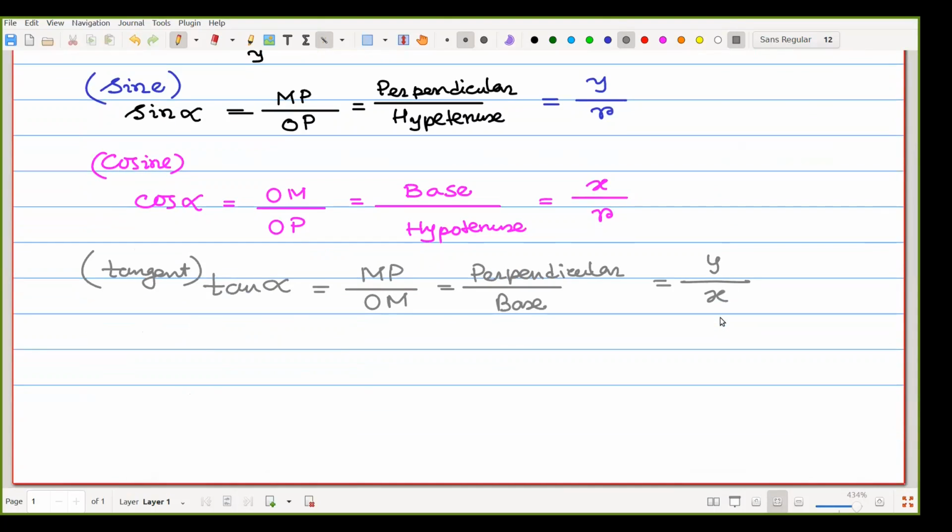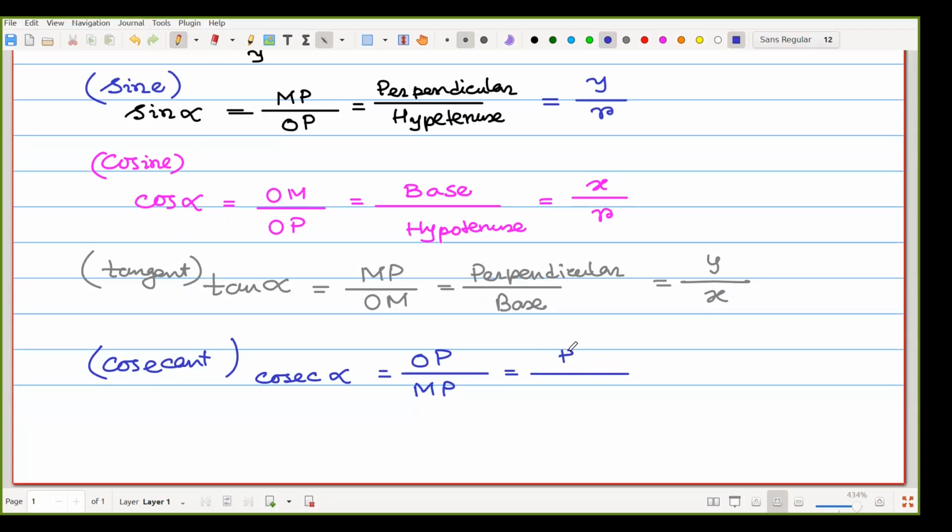Another three important functions are there. The next one is called the cosecant. In short, it is called cosec alpha, which is OP divided by MP.